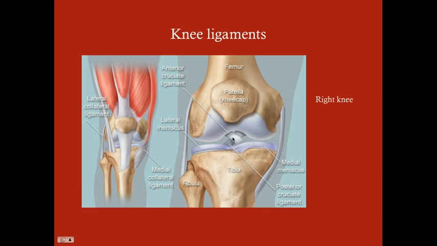Then we also have the cruciate ligaments, which are deeper inside and obscured. They get their name, cruciate, from cross, because they make a cross formation. The one that's more anterior is the anterior cruciate ligament, and the one that's more posterior is the posterior cruciate ligament.